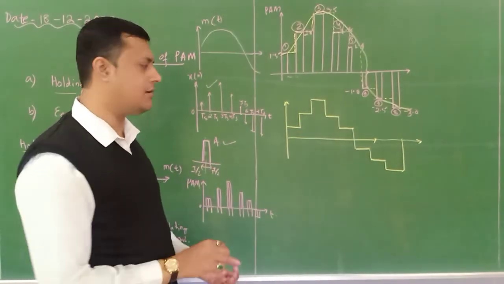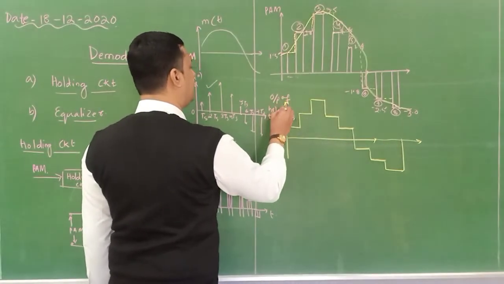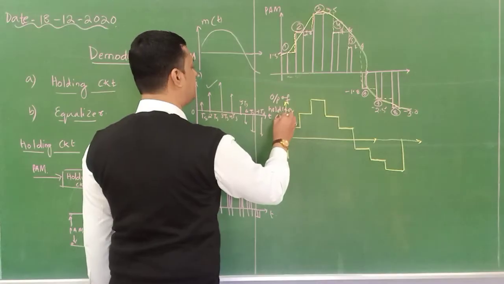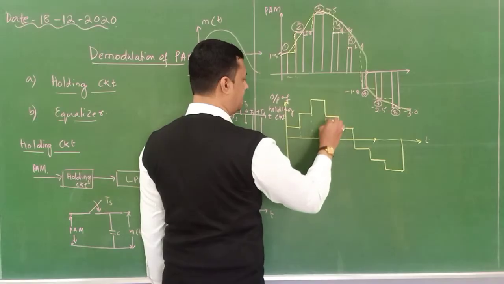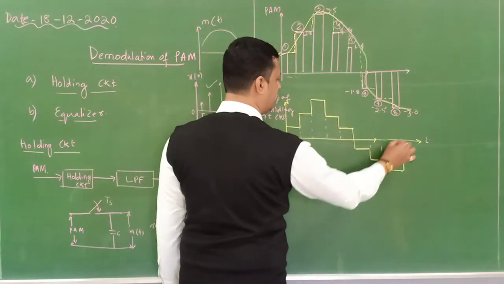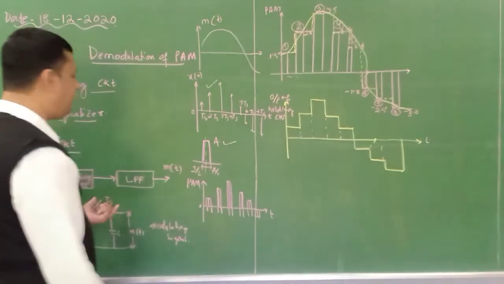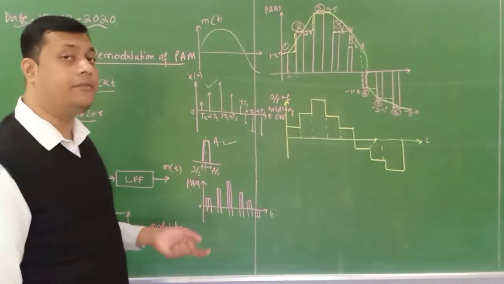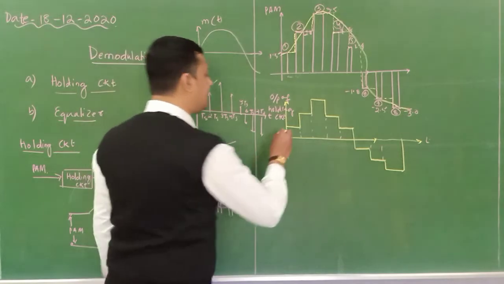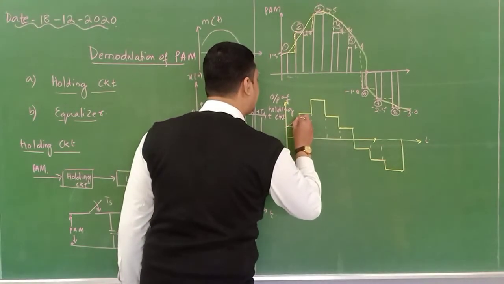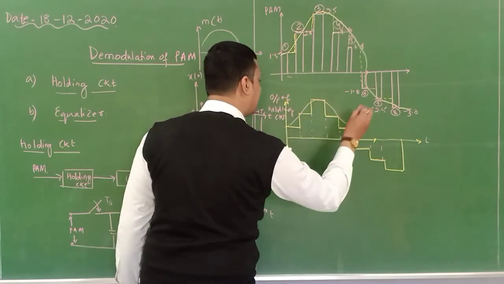This is the output of the holding circuit with respect to time; these all are time pulses. Now when this output is fed to the low pass filter, the low pass filter will identify the edge to edge and reconstruct the original modulating signal. Edge to edge means it will check like this; this is the edge to edge connection, meaning peak to peak values.